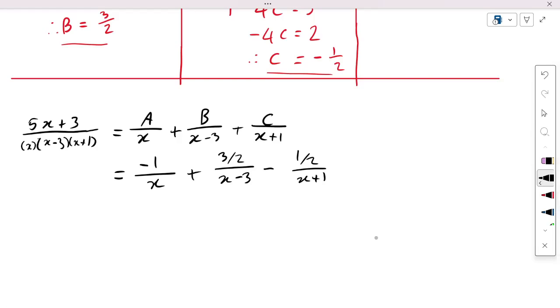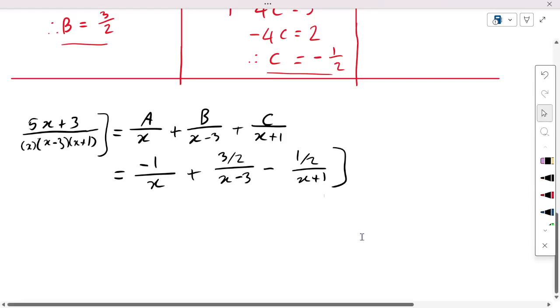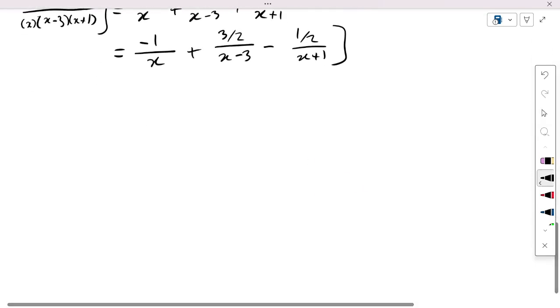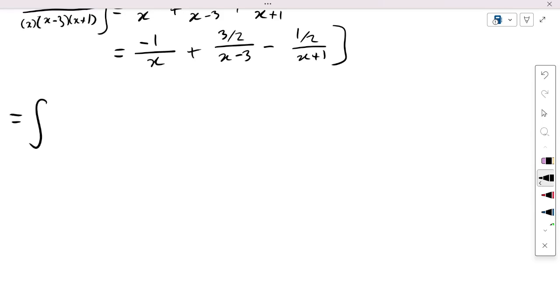Okay. And now what can we do from here? Well, what do we know about this? Isn't this just represented over here? So that means we can replace that in our integral. Therefore, what we are left with is the following. What we can say is now this is going to be equal to the integral of, we're going to put our bracket over here, we're just replacing the stuff.